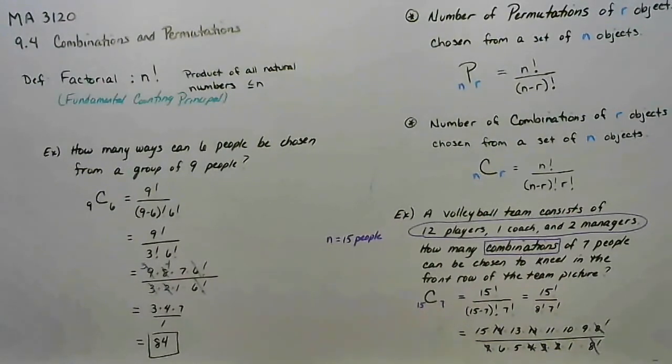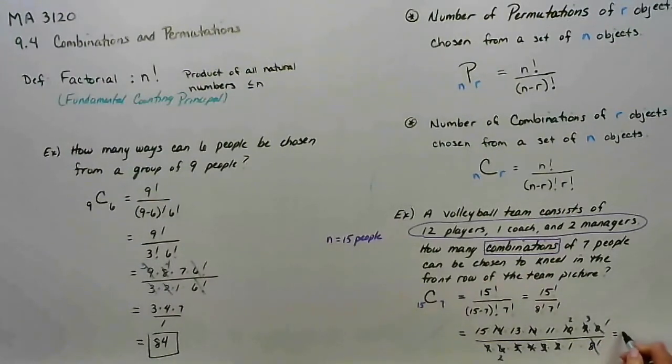Now what else? 5 can reduce with the 10 twice. 6 can reduce with the 9. 3 goes into 6 twice. 3 goes into 9 3 times. I think that's it. I think I have a little room left.